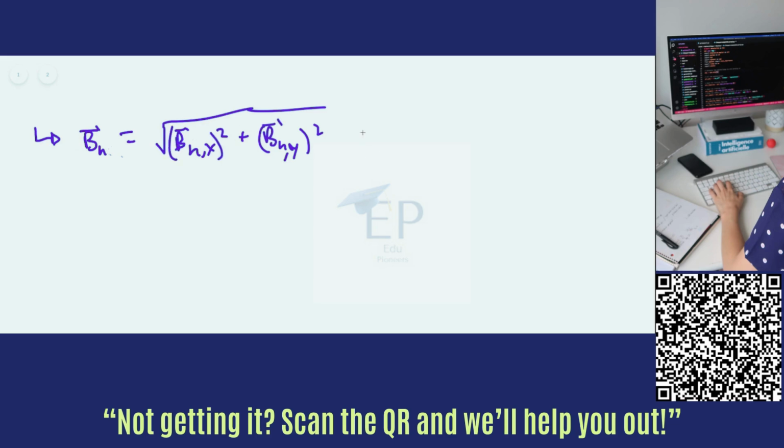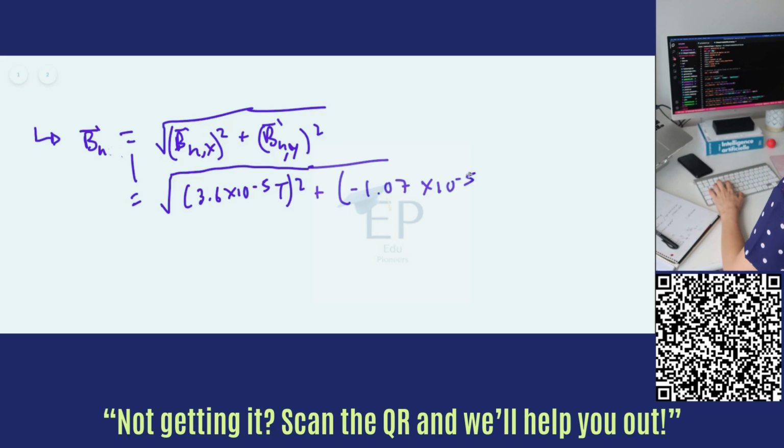So this will be equal to the square root of B sub nx, which we found to be 3.6 times 10 to the negative 5 Tesla squared, plus B sub ny, which is negative 1.07 times 10 to the negative 5 Tesla squared. This gives us a net magnetic field strength of 3.8 times 10 to the negative 5 Tesla.